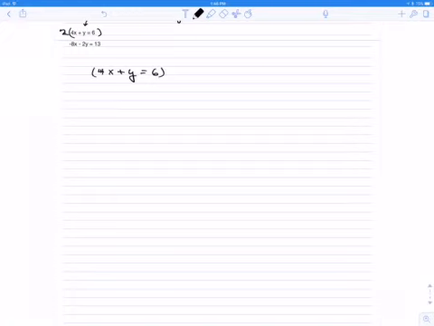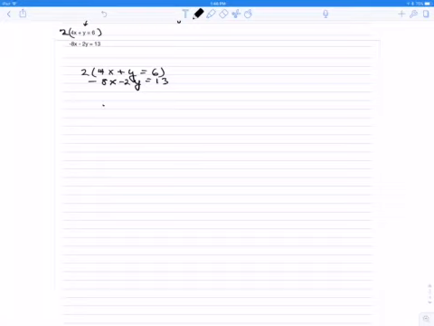So if I have a negative 2y in the second equation and a positive 2y in the first equation, the y's will drop out. So I'll multiply that first equation by 2. And since the second equation already has a negative 2y, I'll just add it to that.